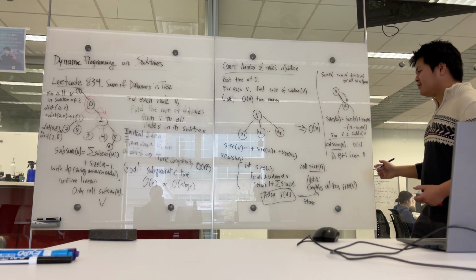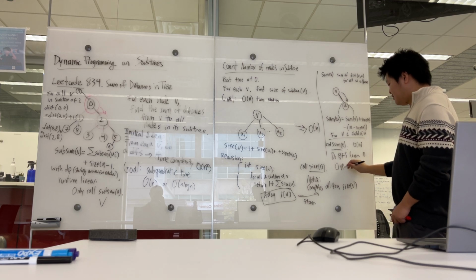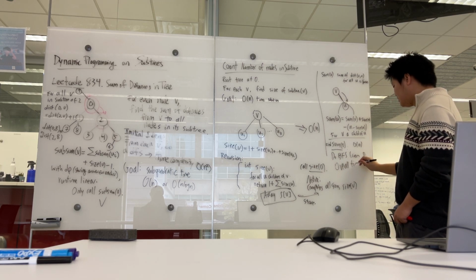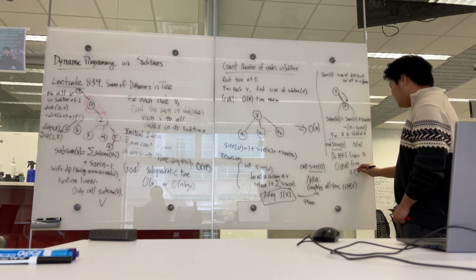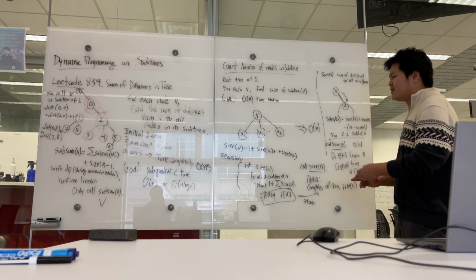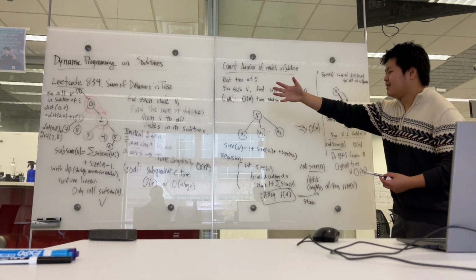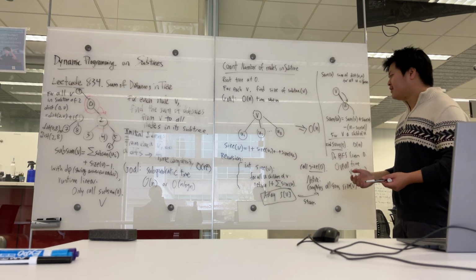So the overall time complexity is O of n, because everything that we've talked about here is O of n.